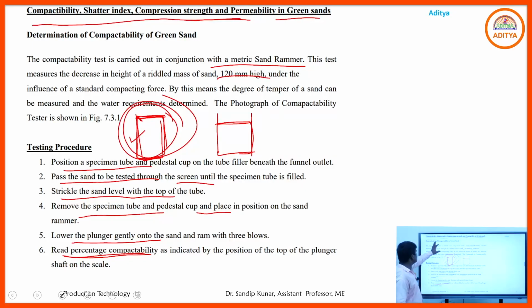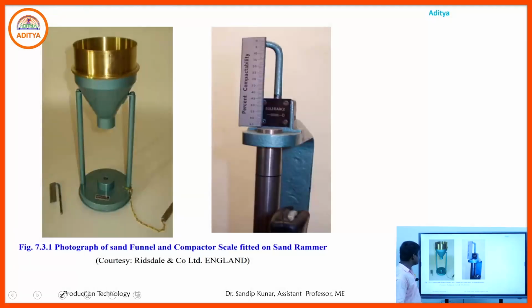That is the testing procedure for the compactability of green sand. Now, in the picture, this is the funnel part, and through the funnel we use a tube type part.